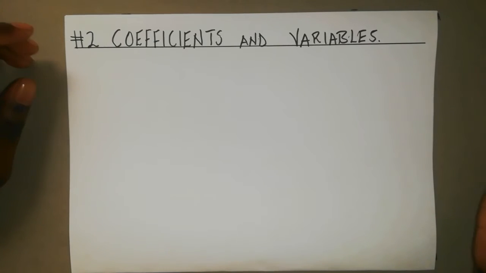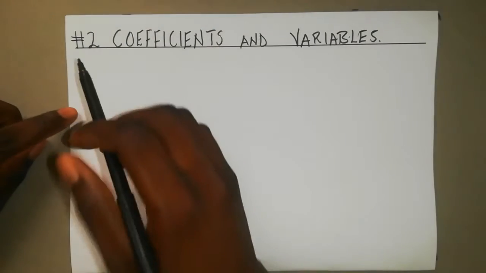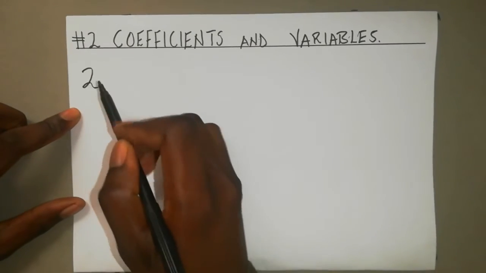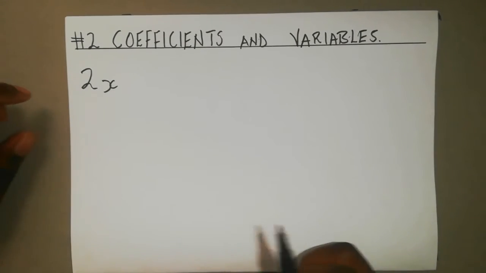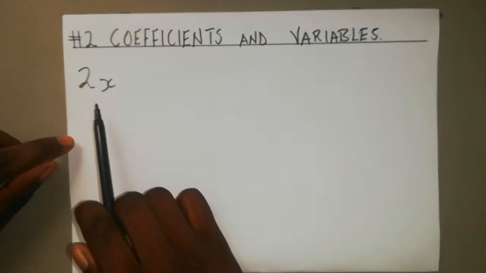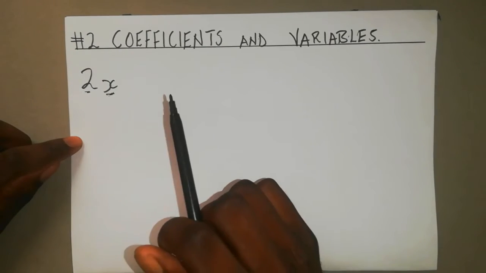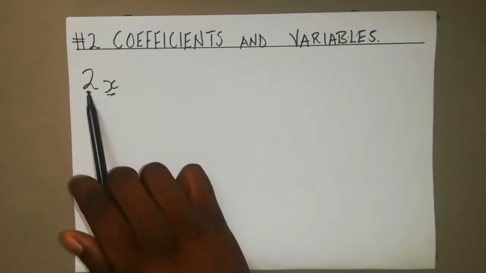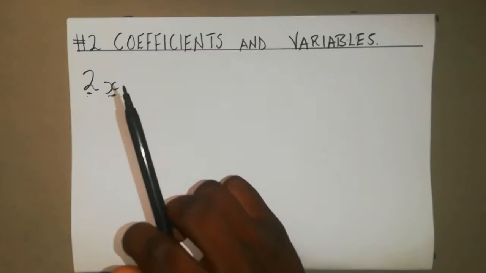So basically at O-level maths, you are going to be encountering scenarios such as 2x. So at this stage, what you're supposed to understand is what is this 2 and what is that x. So what you have to understand here is that this 2 is the coefficient of x and this x is the variable.